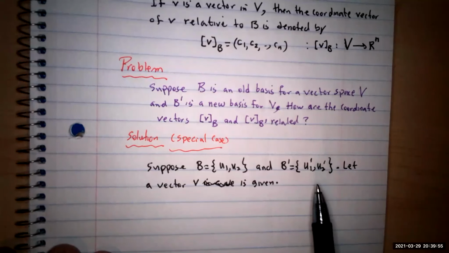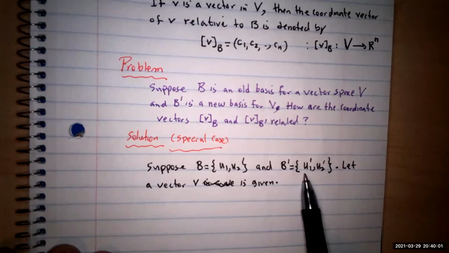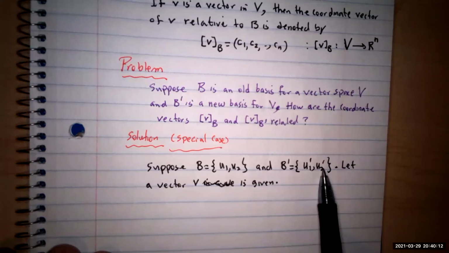But the thing is, these U1 prime and U2 prime, what are they going to be? Since we want to use it, we can find a linear combination of U1 prime and U2 prime.